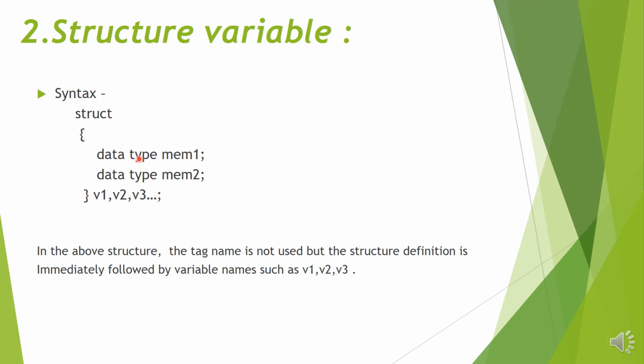So these are the data member variables and these are the variables of the structure. Here the tag name is not used, but the structure definition is immediately followed by the variable names such as v1, v2, v3. The structure variables v1, v2, v3 are immediately followed by the definition of the structure. Then we write the semicolon here.